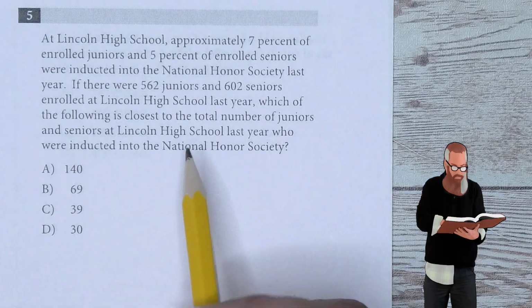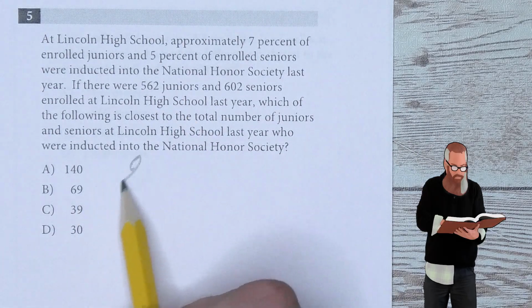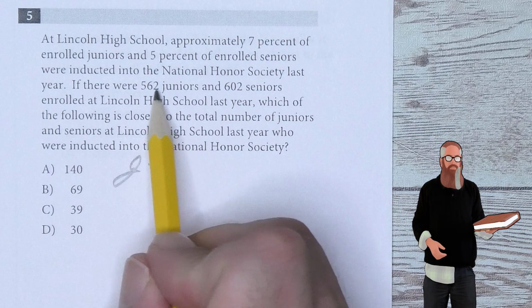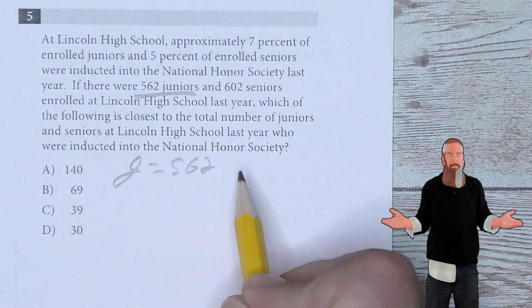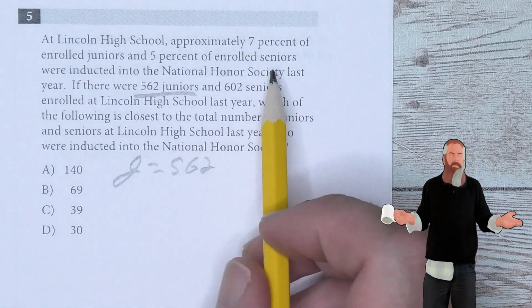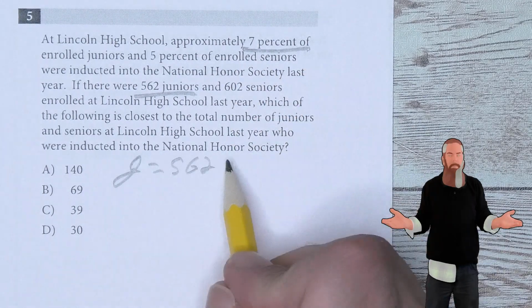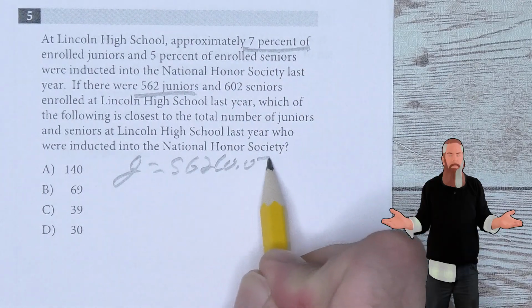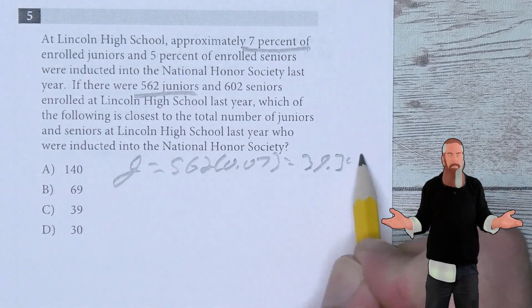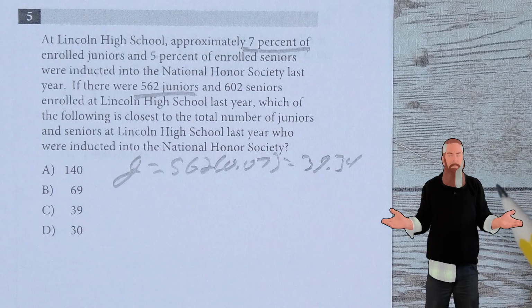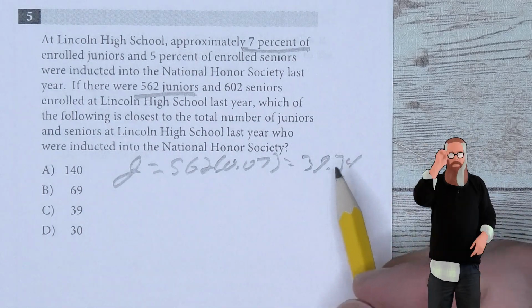So let's start by talking about juniors. There were 562 juniors, and 7% of them were inducted, so multiply that by 0.07. This is going to give us 39.34. I know we can't have 0.34 of a person, but that's okay.